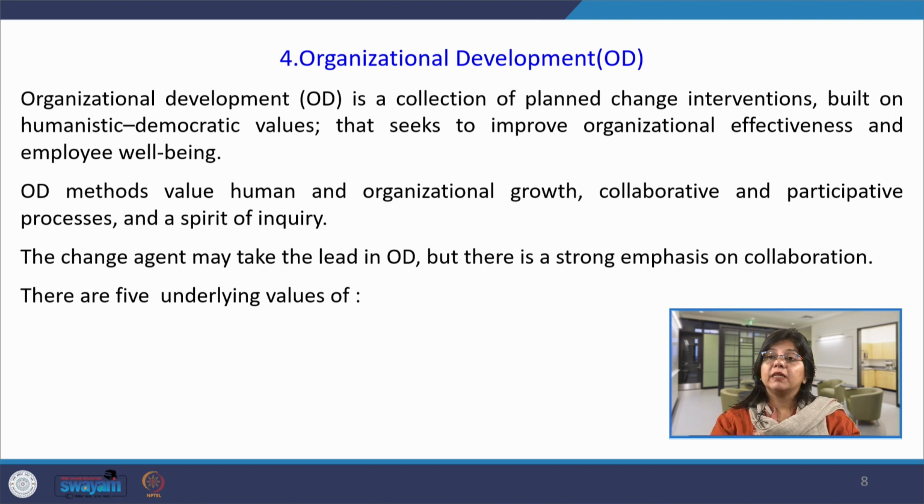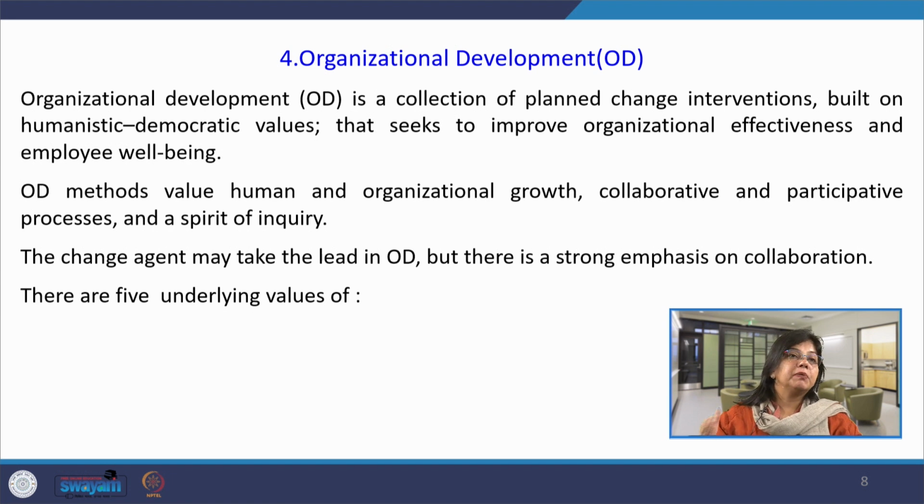So, it is about a humanistic and democratic approach: democratic in terms of resolving problems in a very easy and systematic manner, and humanistic where organizations are also concerned about the well-being of employees. So, these methods value human and organizational growth, collaborative and participative process, and spirit of inquiry.